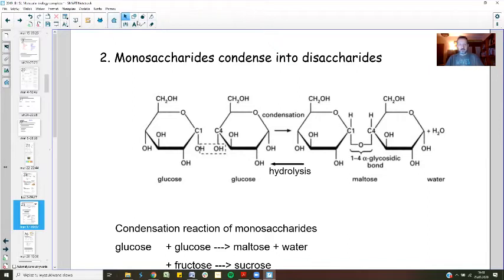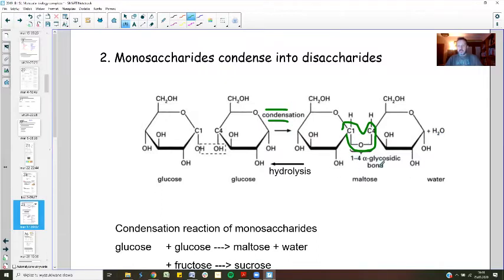This is a characteristic bond in carbohydrates. You can see it in here. And water is produced as a byproduct. That's why we have, on a daily basis, condensed milk. Condensed milk contains less water than common milk.